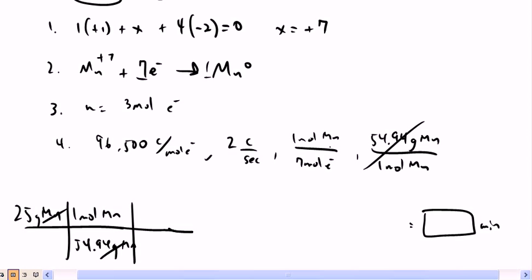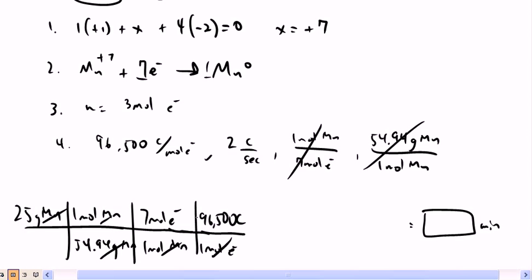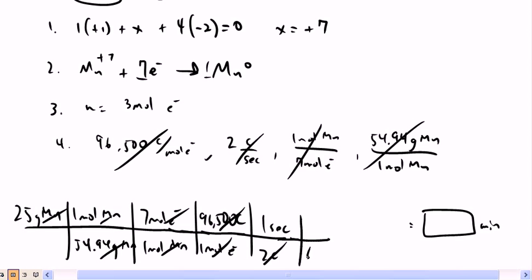We know that there are, for every 1 mole of Mn, 7 moles of electrons. And we know that in every 1 mole of electrons, 96,500 coulombs. We know that there's 2 coulombs for every 1 second. And we know that there are 60 seconds in every 1 minute.